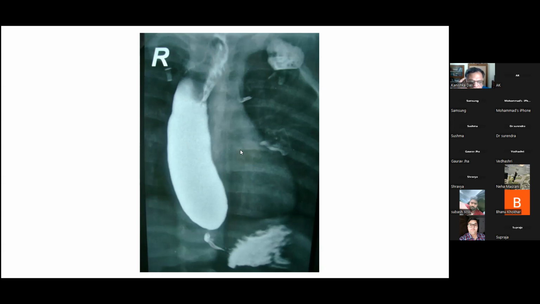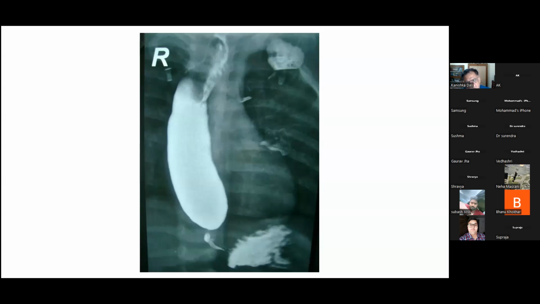Tell us how do you manage this? So if it is a case of achalasia cardia, there's medical management and surgical management. Surgically, there's cardiomyotomy, Heller's cardiomyotomy that is done. What is the medical management?